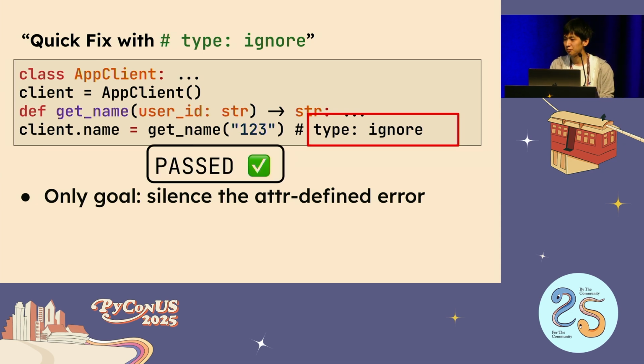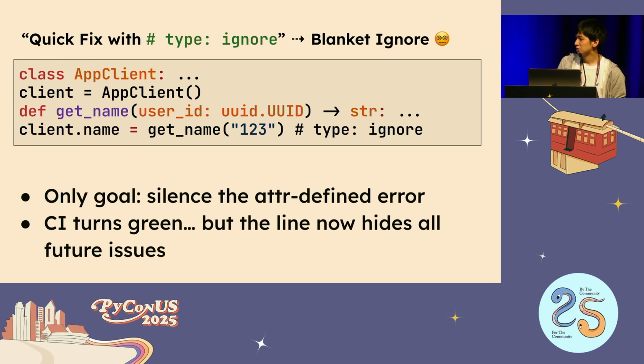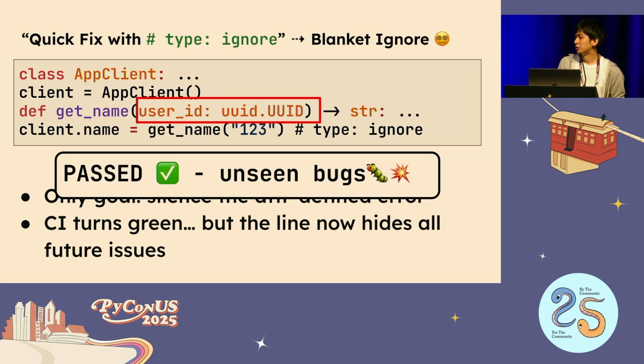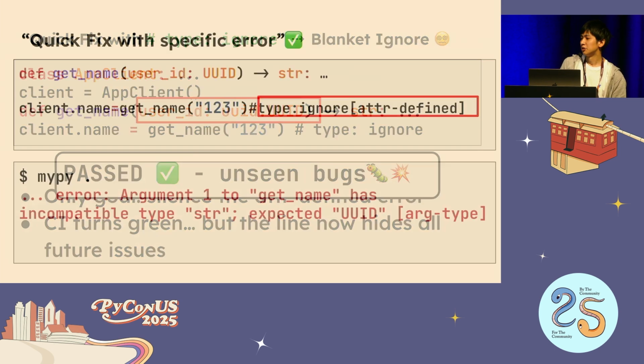Oh, it's clean. So the next case: after release version 1, someone updates the get_name function argument. The user_id in the first version is str, but in the next version it's UUID, which makes sense. But still the CI passes, and it's a bug, because get_name is called with 1, 2, 3, which is not a UUID.